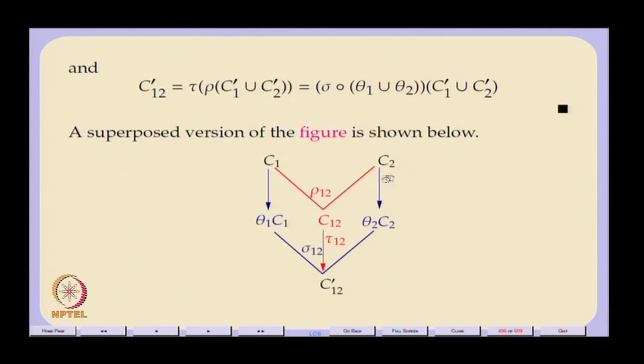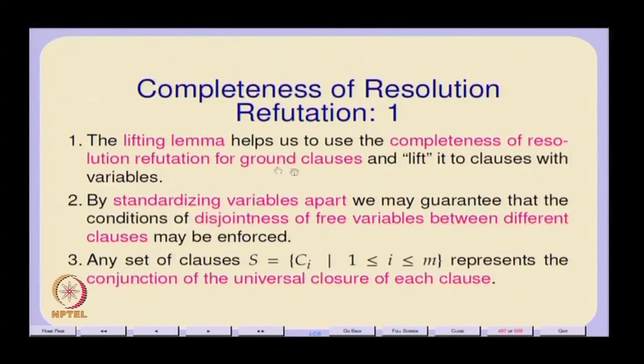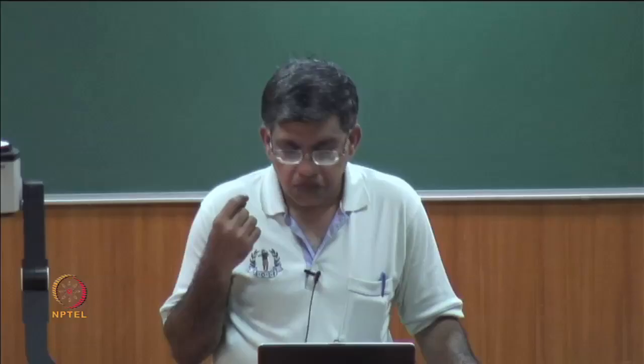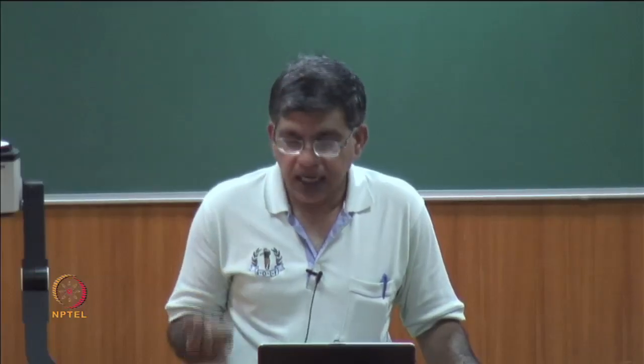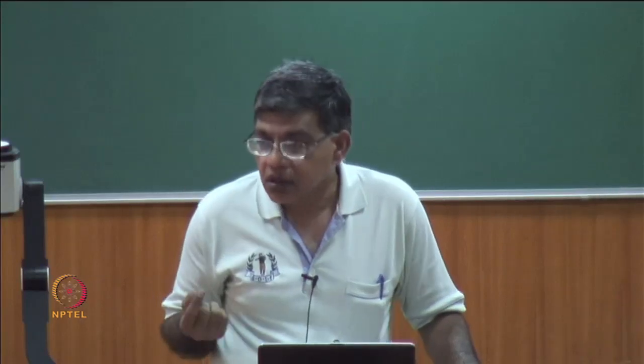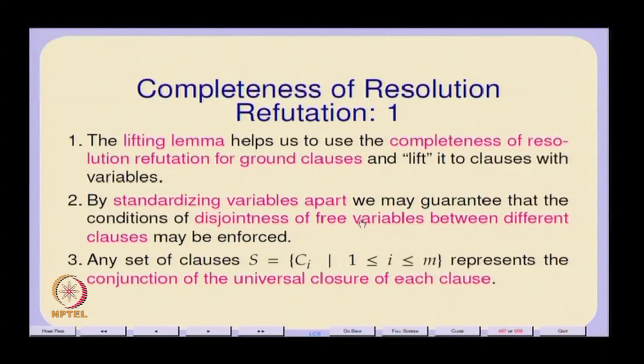So, essentially the Lifting lemma helps us to use completeness of resolution refutation for ground clauses and lift it to clauses with variables in them. By standardizing variables apart, we can guarantee those two conditions of the Lifting lemma are satisfied. Of course, any set of clauses represents a conjunction of the universal closure of each clause.